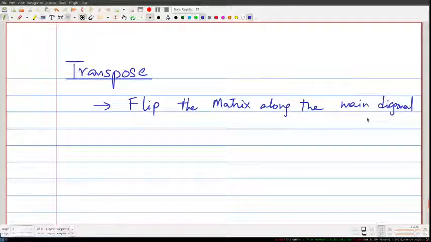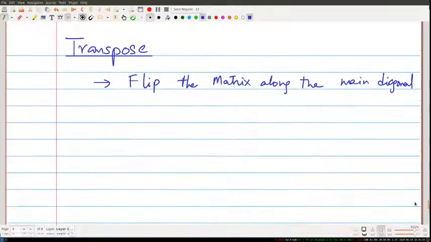That is the rudimentary definition of the transpose that we're going to deal with right now. So far we were talking about LU factorization, and n by n matrices, but transposes don't just exist for n by n matrices. You can have the transpose of a rectangular matrix as well.